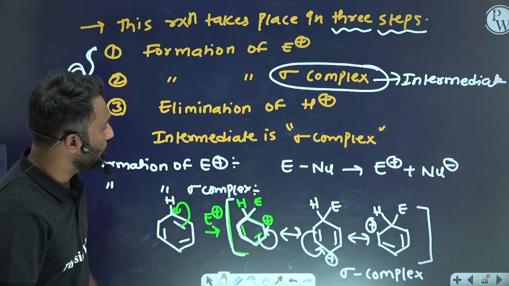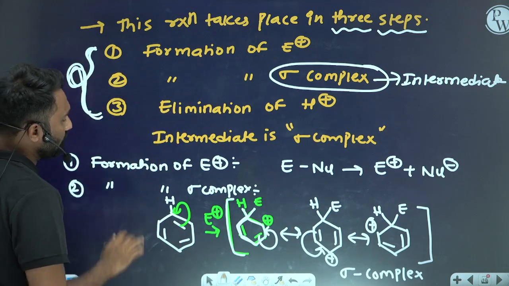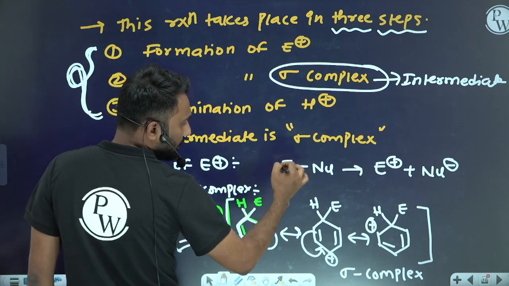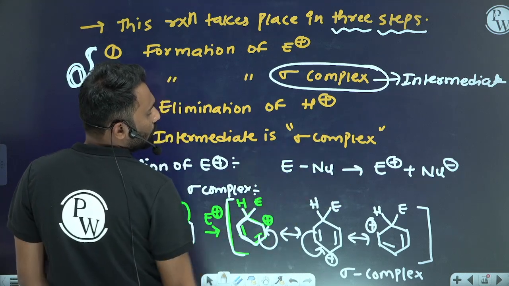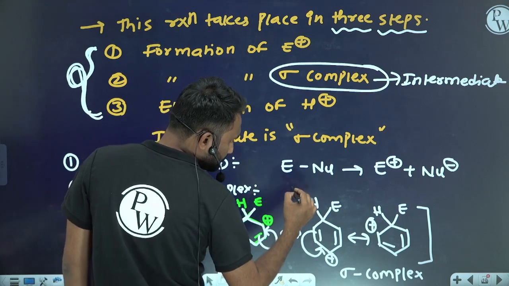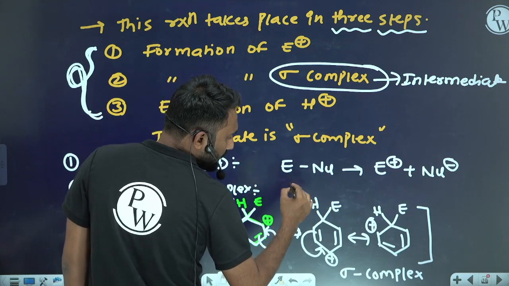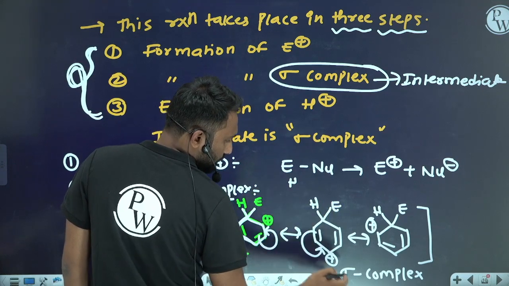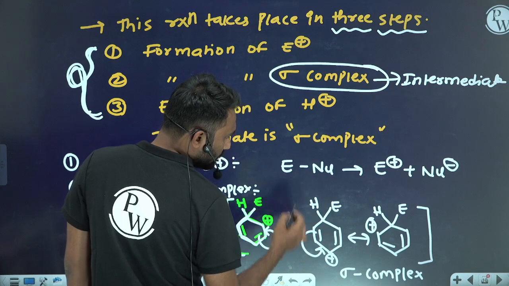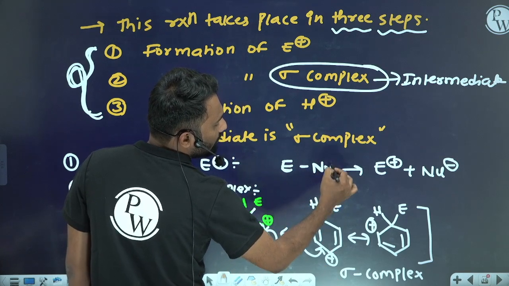Clear? Now these three steps will be followed. The first step is the formation of the electrophile. Now this is E, the electrophile. Let's take an example. Here there is one electrophile and one nucleophile.